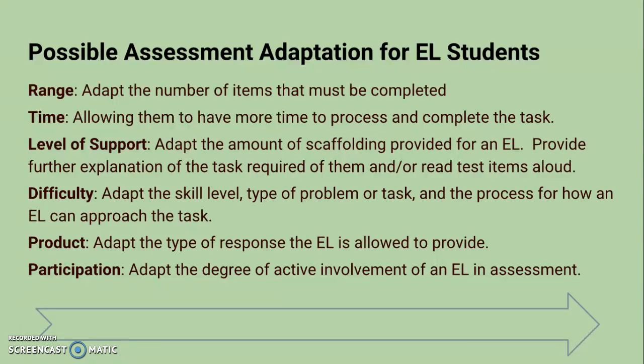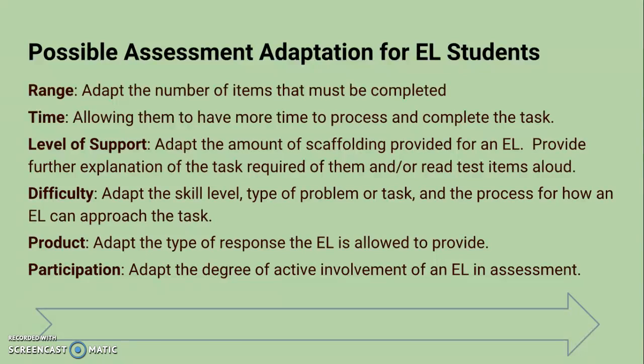Product is a great way to adapt for EL student needs. When we give students the opportunity to choose or adjust how they show what they know, this allows multiple pathways to assessing what EL students can do. Some students, for example, may write an essay. Others may create a model of what Eta Carina is. Some may draw a picture, some may label, and some may do an oral presentation.